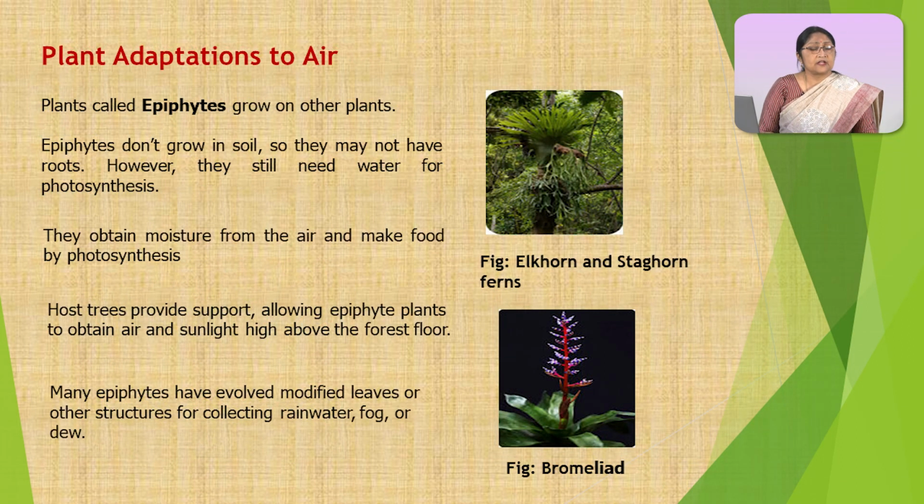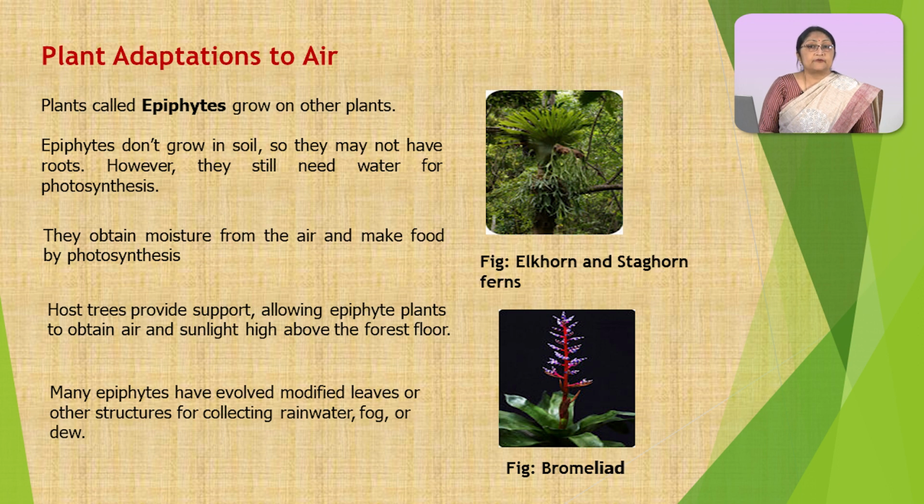Epiphytes do not grow in soil, so they may not have roots. The elkhorn and staghorn ferns seen in the figure grow perched upon a rainforest tree as epiphytes. They obtain moisture from the air and make food by photosynthesis. Being elevated may also reduce the risk of being eaten by herbivores and increases the chances of pollination by wind.